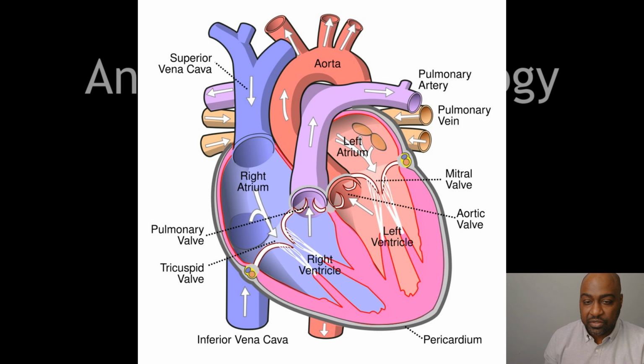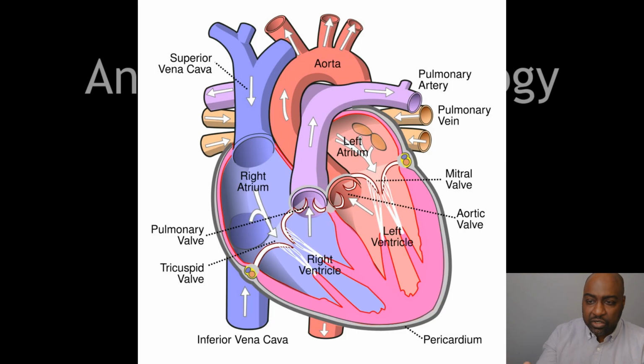All right, so moving next, we should talk about the valves. And so there's two sets of valves that I wanted to take a look at. The first is the atrioventricular valve. You can find that between the atria and the ventricles. You have a tricuspid valve on the right, and you have a bicuspid valve on the left.